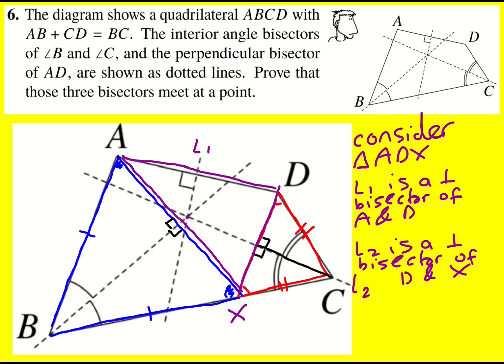And then finally, if I call this one L3, then it's a perpendicular bisector of A and X, or AX, the line. So I've managed to turn this problem from two angle bisectors into having three perpendicular bisectors.